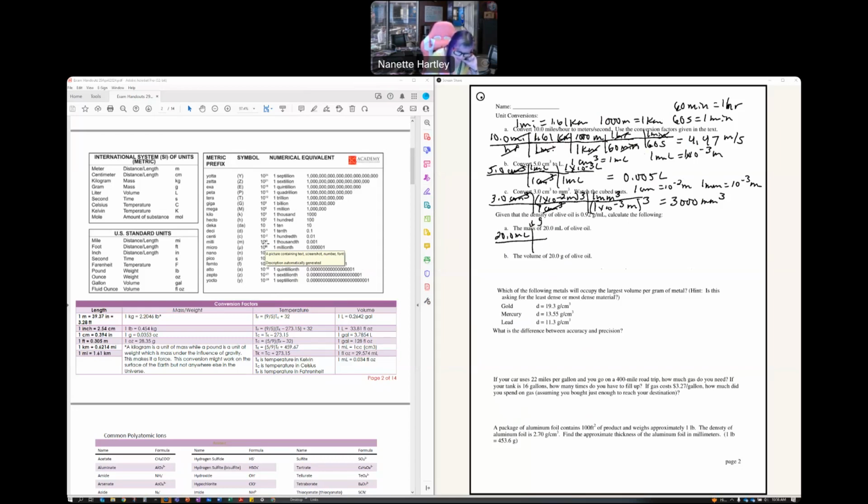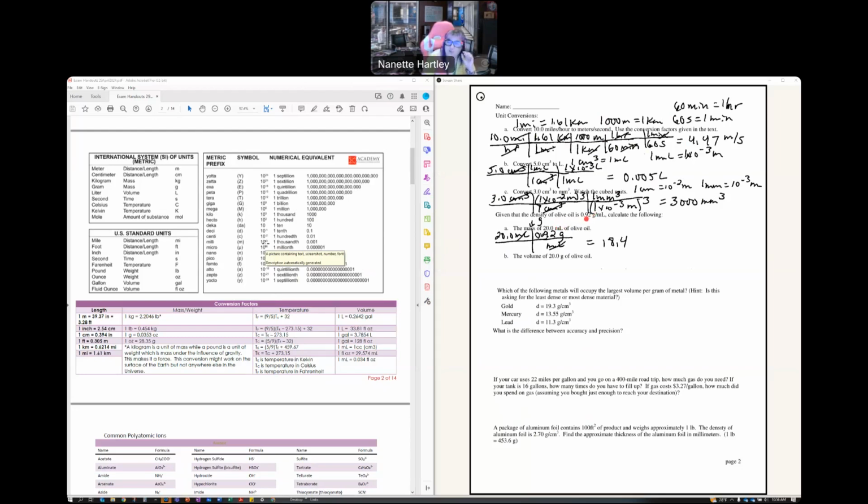So based on this number that I have, 0.92 grams per milliliter, that cancels the milliliters and leaves me in grams. So I take my 0.92, I multiply it by 20, and that gives me 18.4. Now, from a technical standpoint, the number that you've been given is 2 sig figs.